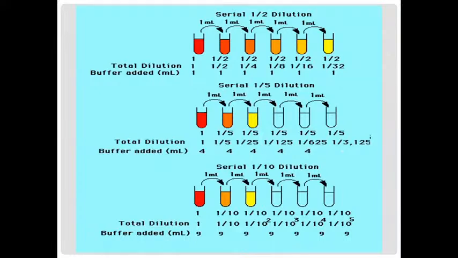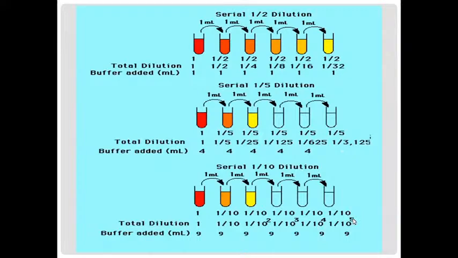Then you can still have another one, 1 to 5 dilution, meaning you pick 1 ml and you add 4 mLs in all the tubes. Remember you move from 5 to 5 times 5 is 25, 25 times 5 is 125, and so that is another dilution you can make.